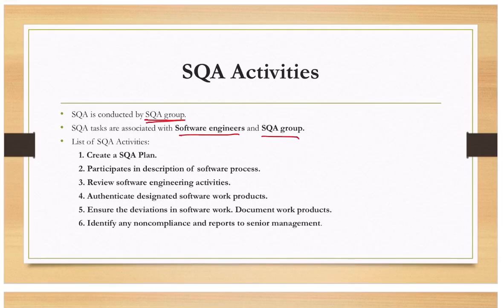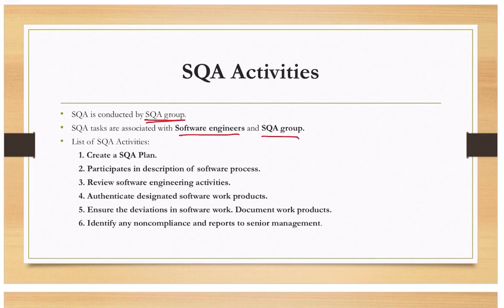An SQA plan is developed while planning the project. Quality assurance activities are conducted as indicated in this plan. This plan identifies the evaluations to be performed: audits, reviews, checks, error reporting, and tracking of software. All these activities are done in creating an SQA plan.